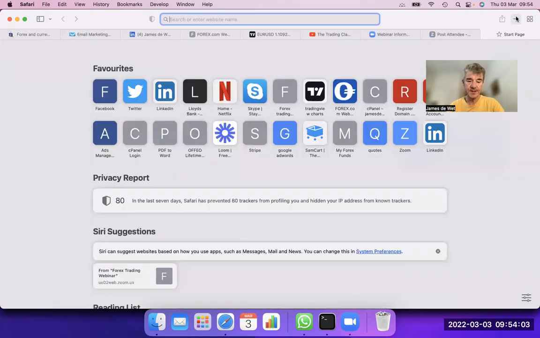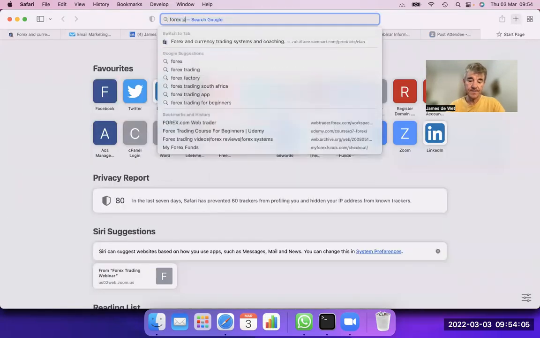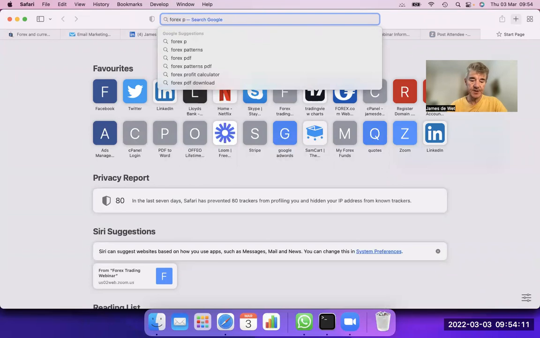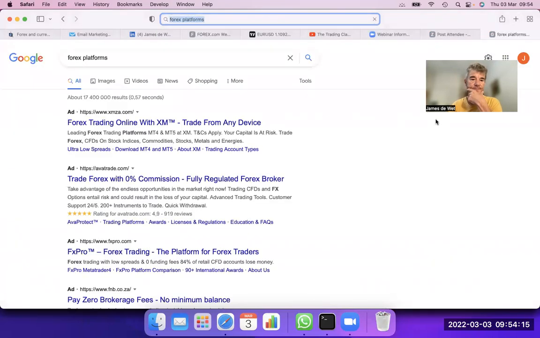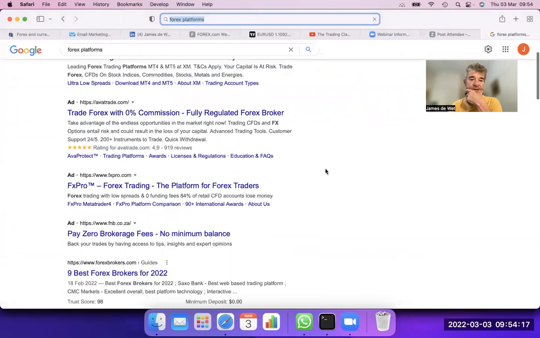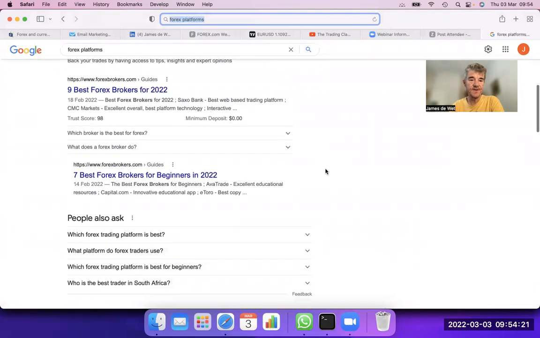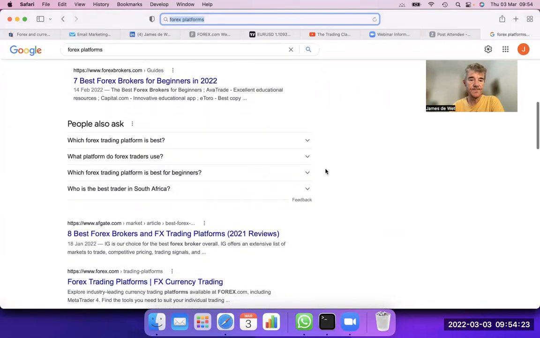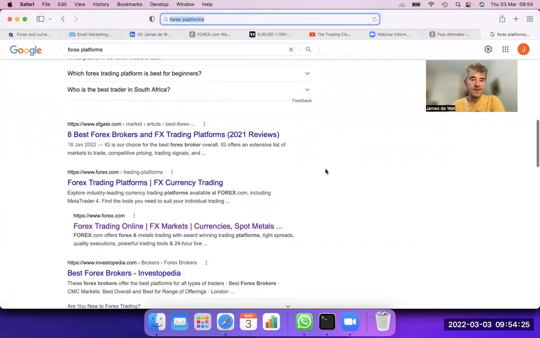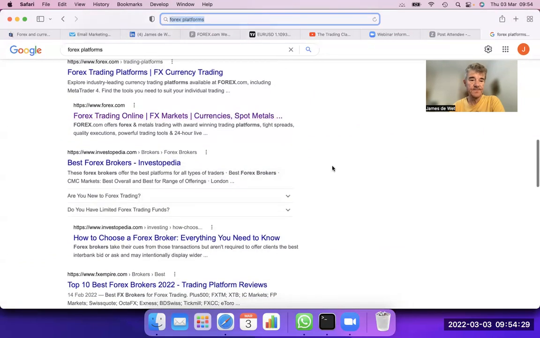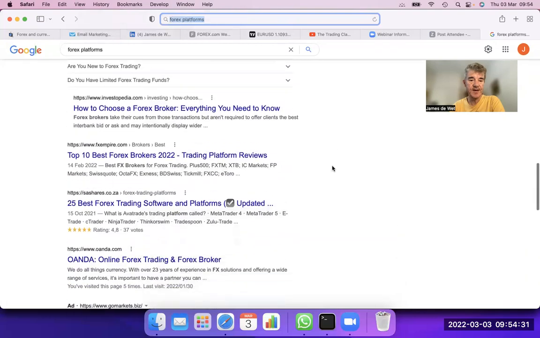Let's just see what comes up. Oops, I pressed the wrong button. All right, I don't know them. FX, yeah, don't know them. Forex brokers. There's forex.com. That's the one that you see on the screen right now.